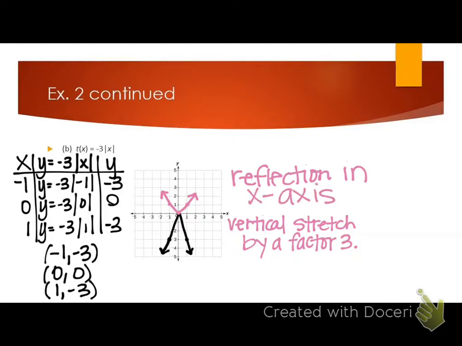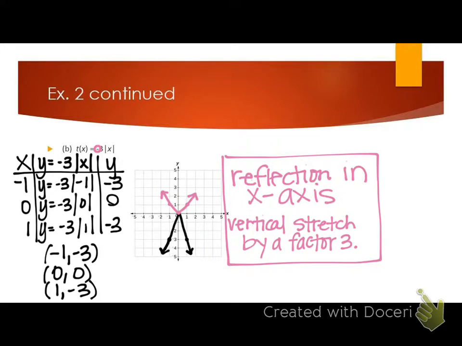Okay, now again, how can we know that? If we just went back to the function, did they change the sign of the y? Or did they change the sign of the x? Did they go in the absolute value bar and change the sign of the x? Hold on, I'm asking a question. Yes or no, did they go in the absolute value bar and change the sign of the x?